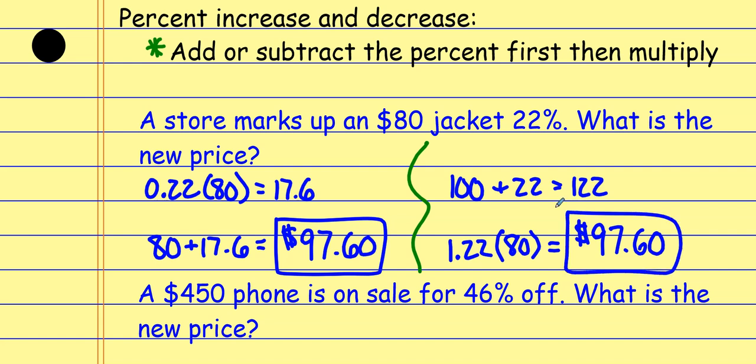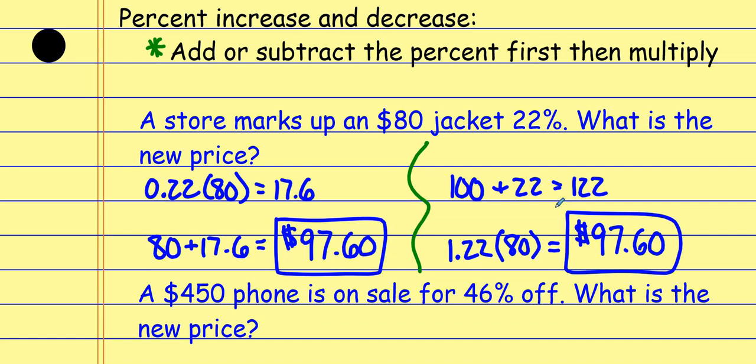The difference is this. Before, I found the percentage increase of the price and then added that percentage on as a dollar value. In the second instance, I added the percentage as a percentage and then multiplied to get the dollar value. I'm doing the same two steps, but I'm changing the order in which I do them by adding the percentage first before I convert it to a decimal.